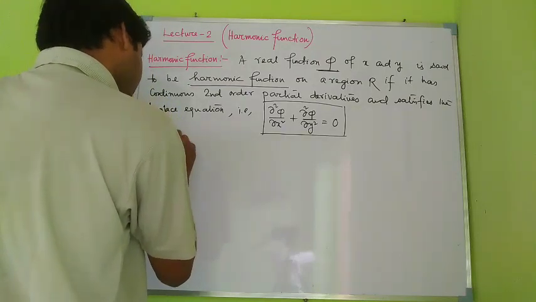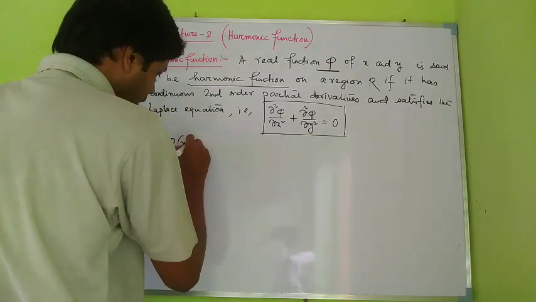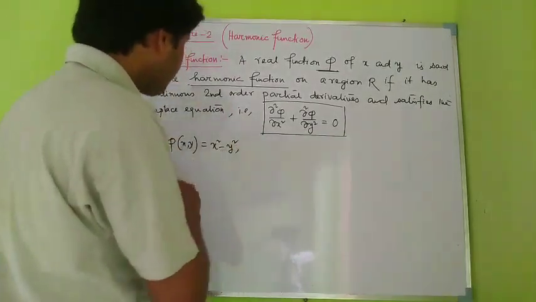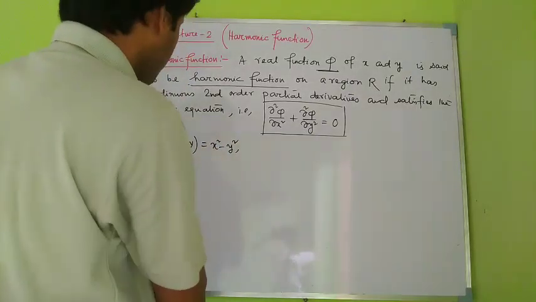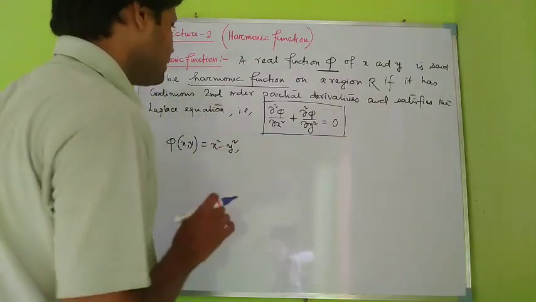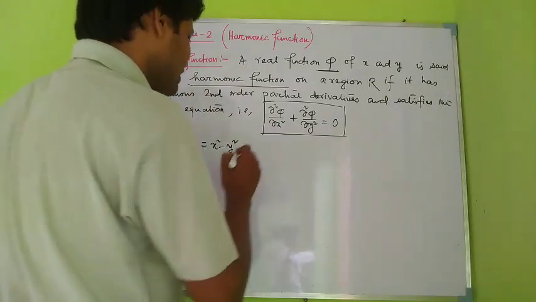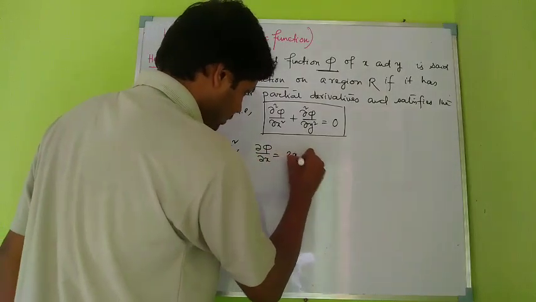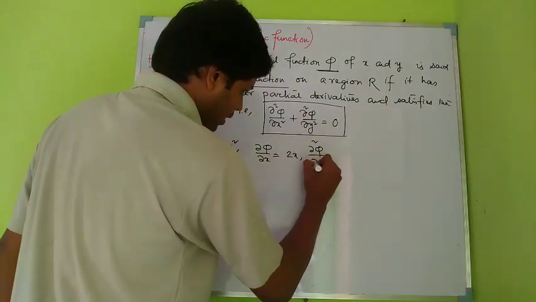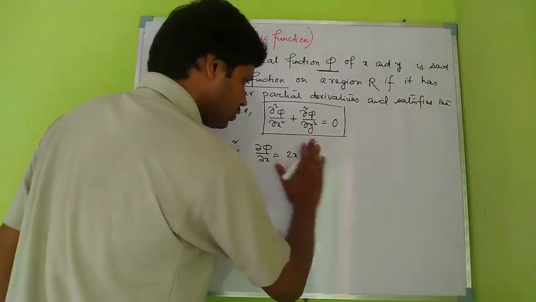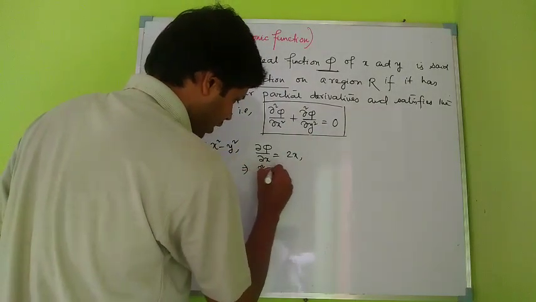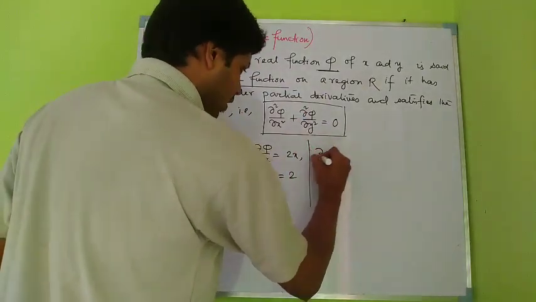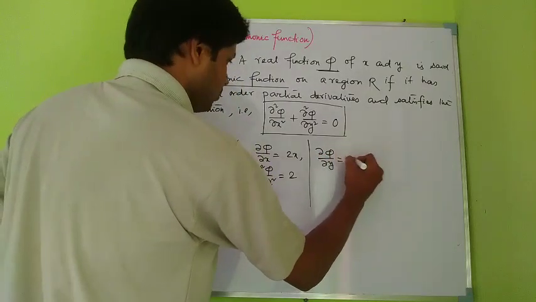Let us check phi of x, y is equal to x square minus y square. We want to show that this phi is a harmonic function. So del phi del x is equal to 2x, and del 2 phi del x2 is equal to 2. Del phi del y is equal to minus 2y.